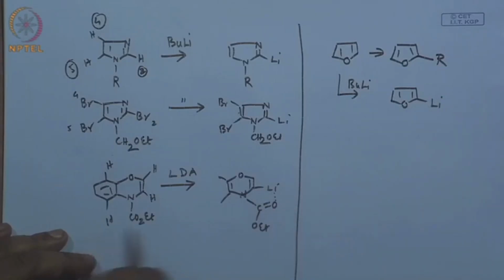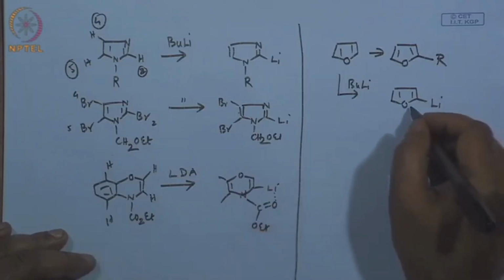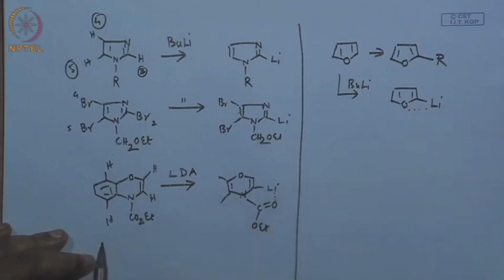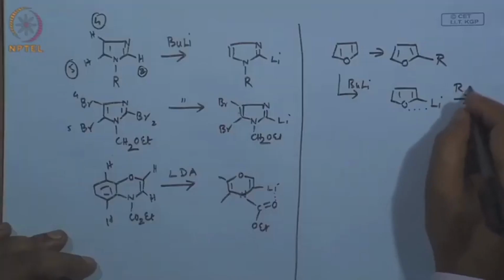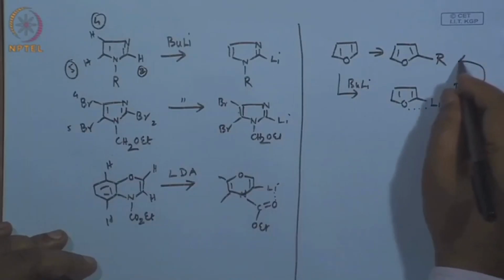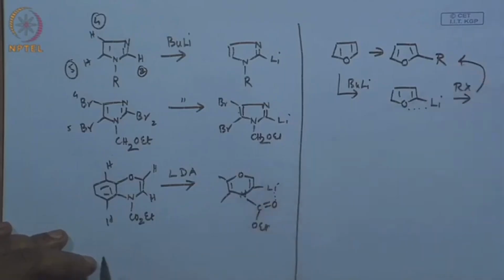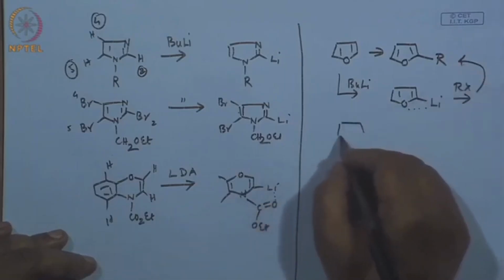Once again, because of the oxygen, that hydrogen is highly acidic, and one can extrapolate the chelation a little bit: maybe this oxygen lone pair can assist the chelation, that is a possibility. What next? Then RX, so you get this product.